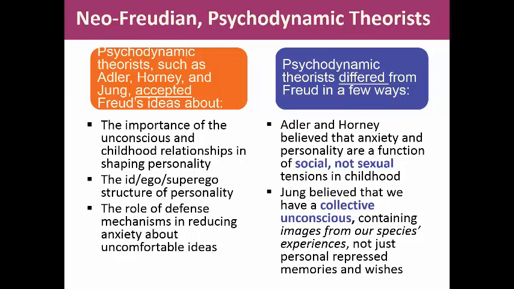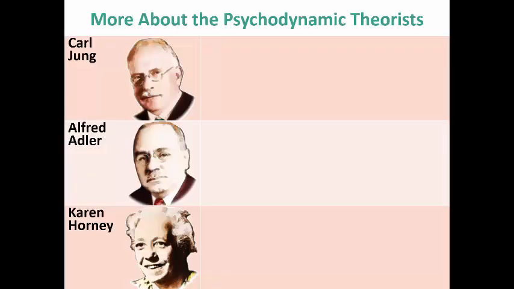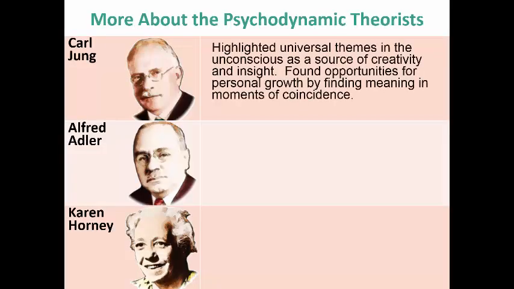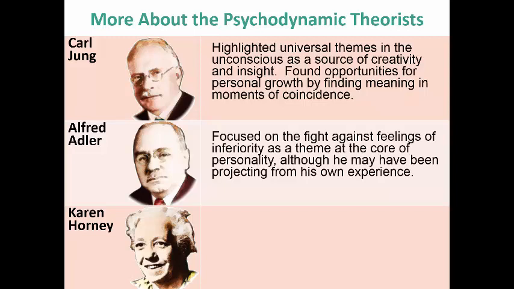And Jung believed in what we have, a collective unconscious, which is biologically ingrained in us, which contains images from our species experience, and not just repressed memories and wishes. So Jung highlighted universal themes in the unconscious as a source of creativity and insight, and he found opportunities for personal growth by finding meanings in moments of coincidence.